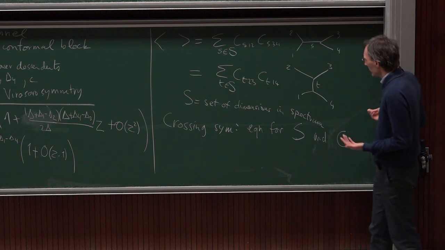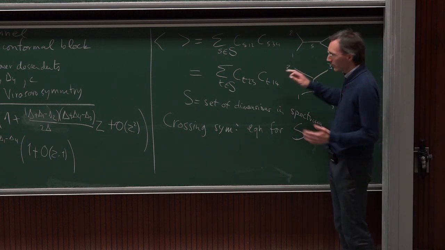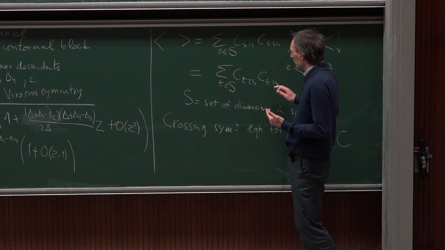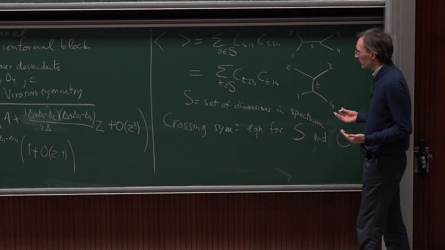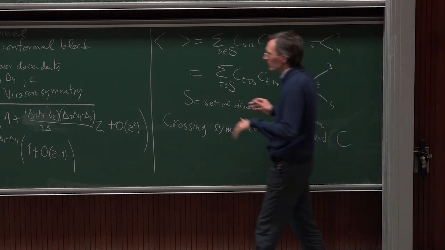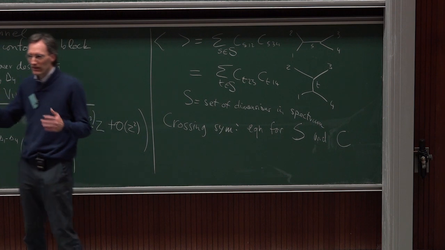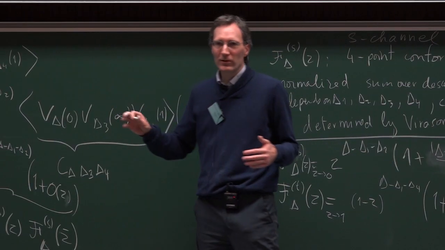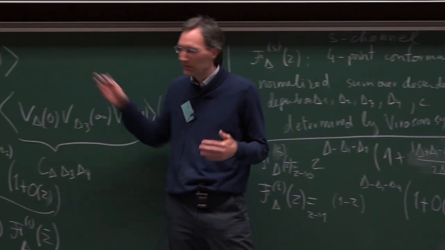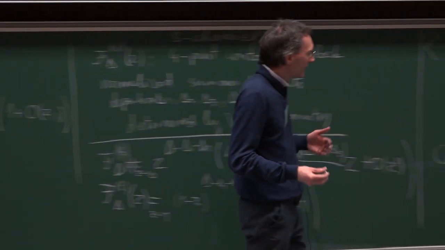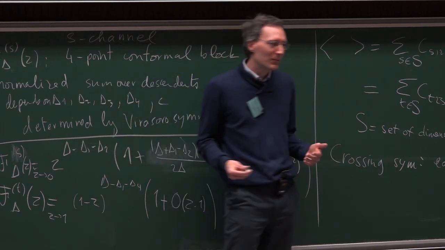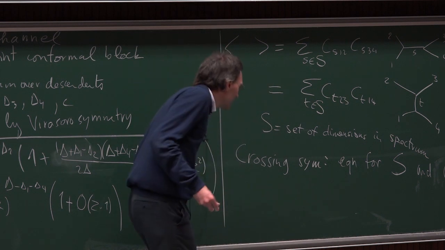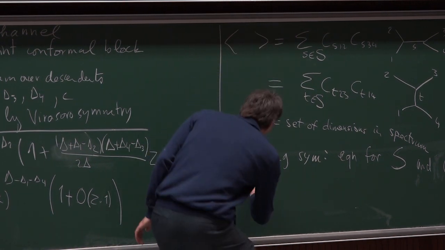And it turns out that if you have a solution of this crossing symmetry equation, then you can compute any n-point function. I mean, you could also consider n-point functions and start decomposing them using operator product expansions. You have many ways of decomposing the same n-point function, but all these decompositions will give the same result, provided crossing symmetry is obeyed, and also provided C is permutation symmetric.